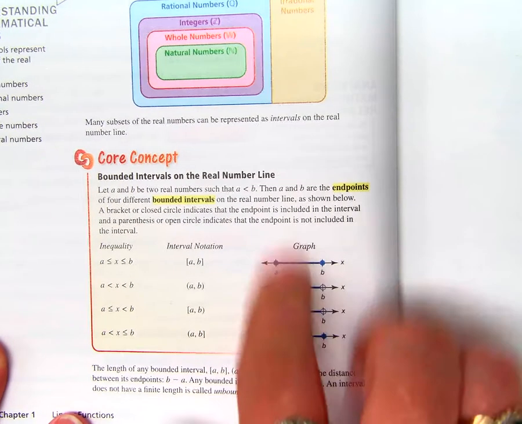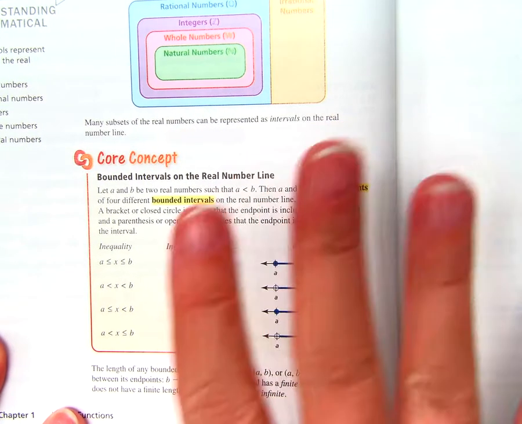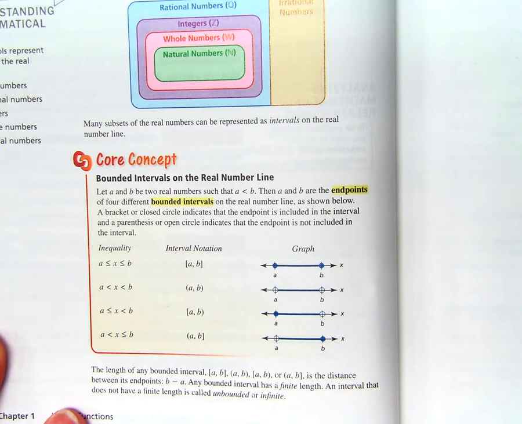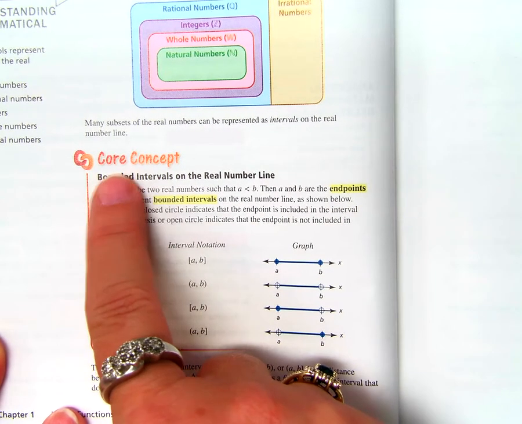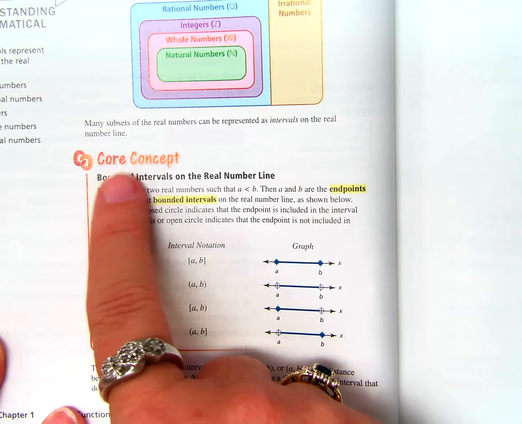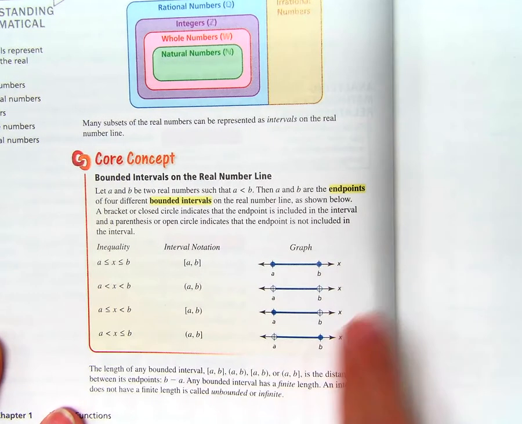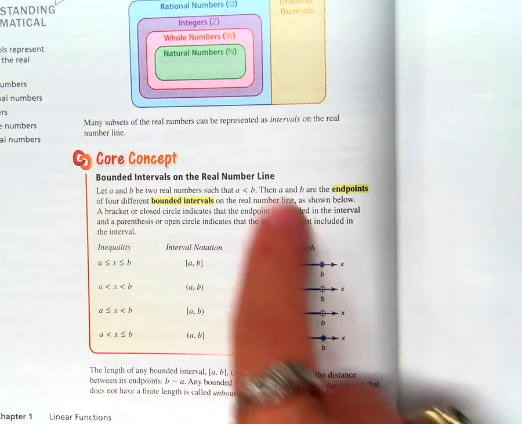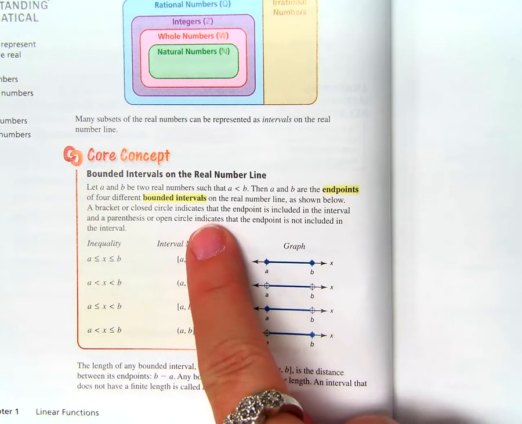So one of the reasons that we chose these books is because they have really good examples. They say core concept. If you know anything about English, first of all, it's bolded and it's bigger, right? What is it telling you about the information here? It is important, okay?